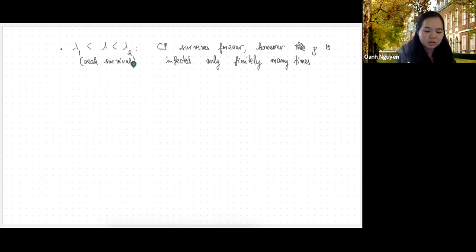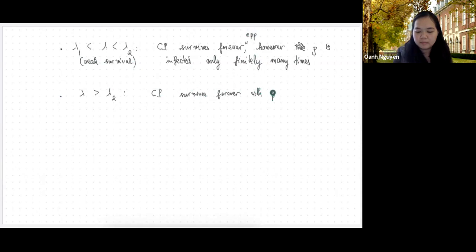And the strong survival is when lambda is bigger than lambda_2. In that case, the contact process survives forever with positive probability, and the root is infected infinitely many times.